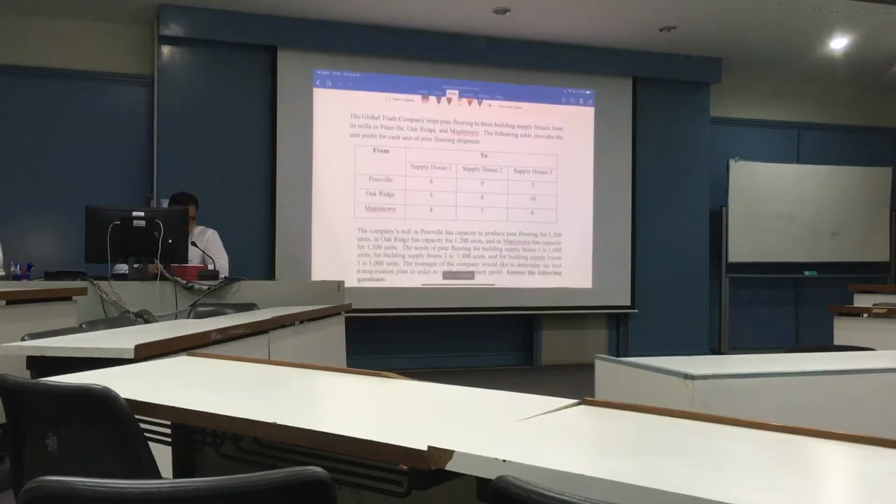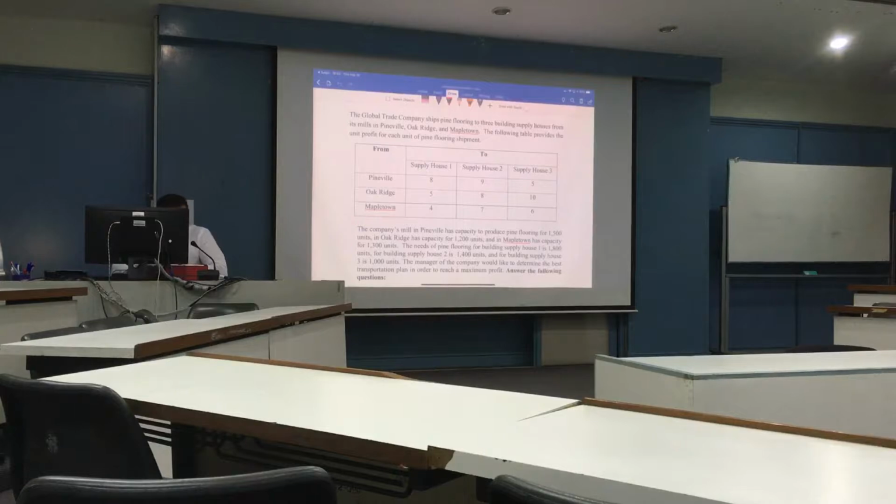So we have the Global Trade Company shipping pie filling to three building supply houses from Westmill, Private, Oakland, and Level Town. The following table shows the unit profit for each unit of pie filling shipment.